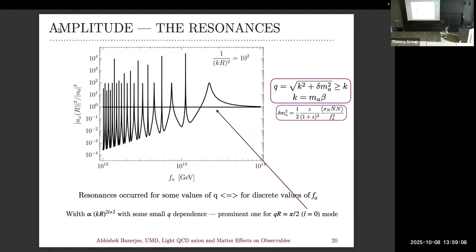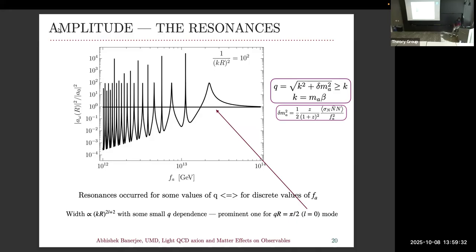It has some small Q dependence, but it's not really important. So if we are really lucky, and if we are probing an F of 3 times 10 power 13 GeV, then we may get to see some enhancement in the experiments that are sensitive to the field amplitude square. Otherwise, we are in bad shape.